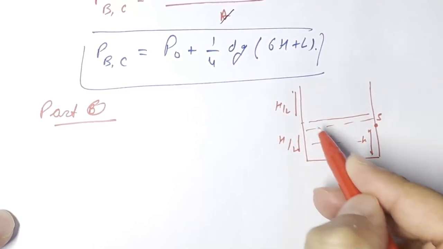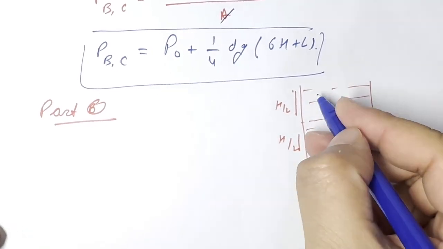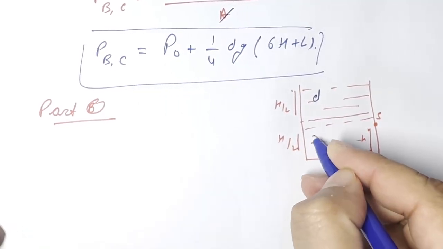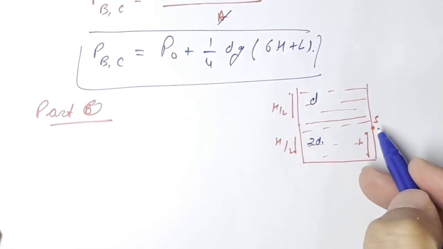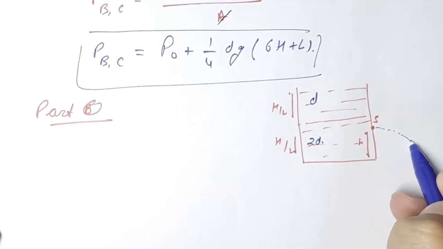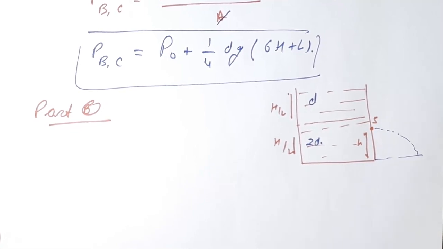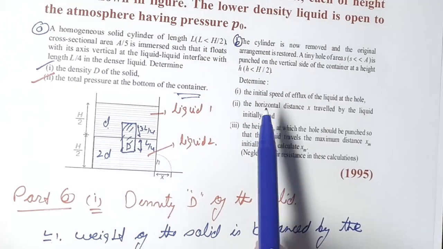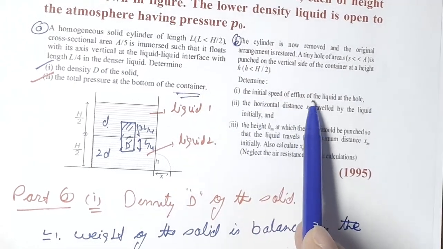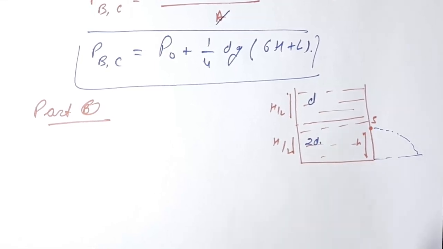So these are the liquids. This is having density D, and this is having density 2D, and because of this the liquid will start to flow something like a projectile. And in the first part we are supposed to find out the initial speed of efflux of the liquid at the hole.